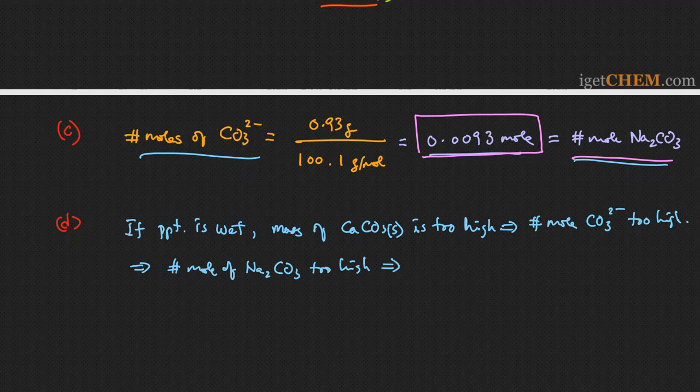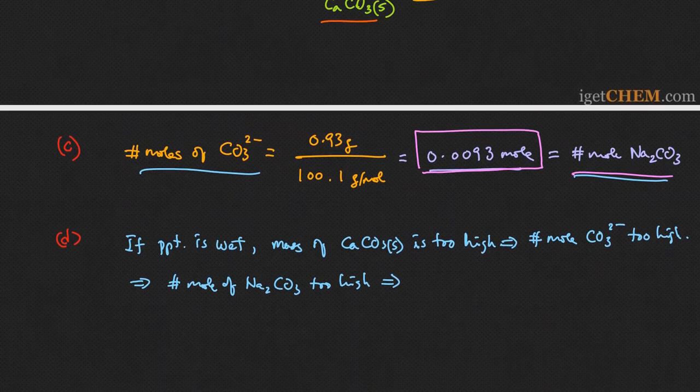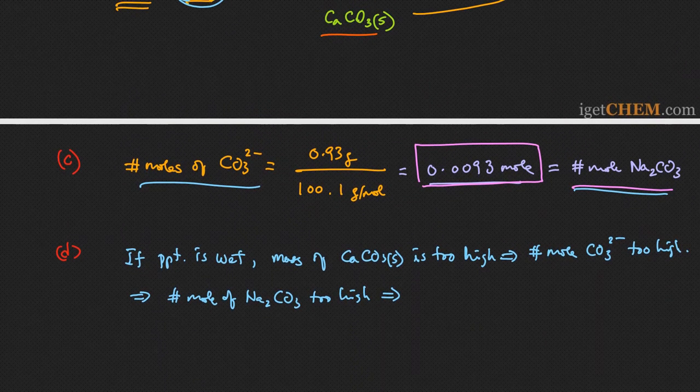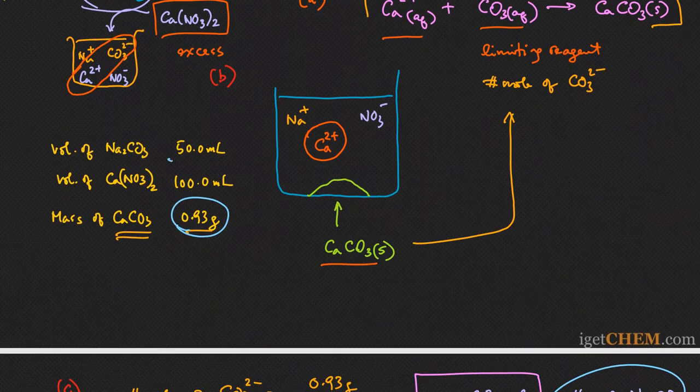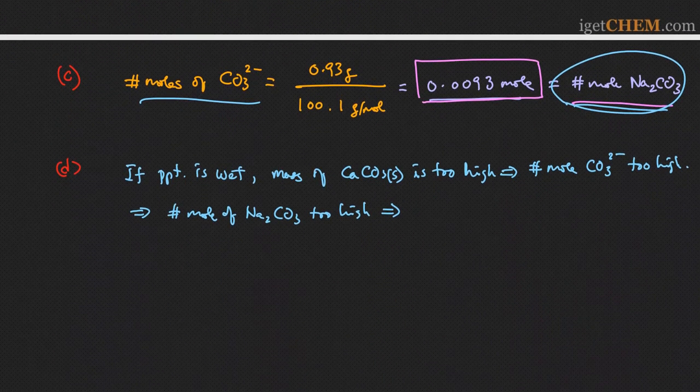And finally, in order to calculate the concentration of the unknown, you have to take the number of moles and divide that by the original volume of the sodium carbonate. And so that would also be too high. So the molarity would also be too high. So the student's conjecture is incorrect.